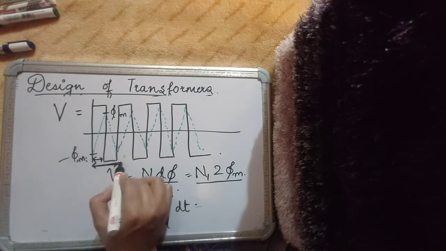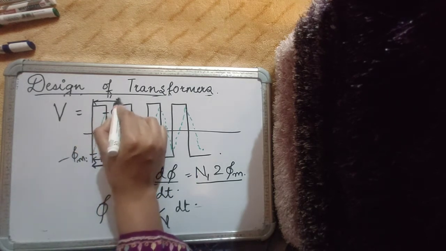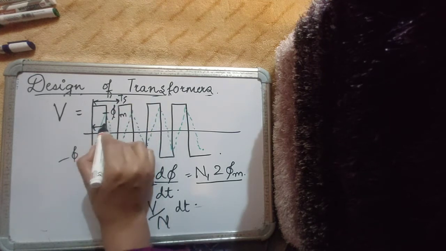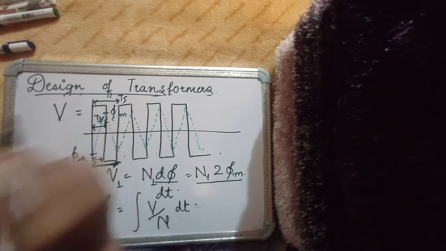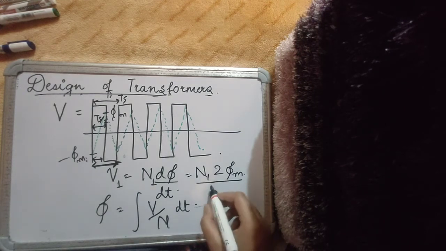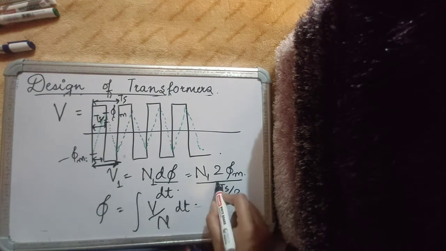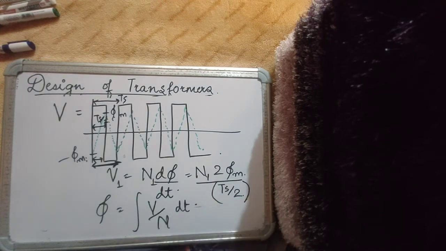So if this entire interval is Ts, then this is Ts by 2, if a 50% duty ratio is assumed. So assuming a 50% duty ratio, the time interval during which the change in flux occurs is Ts by 2.